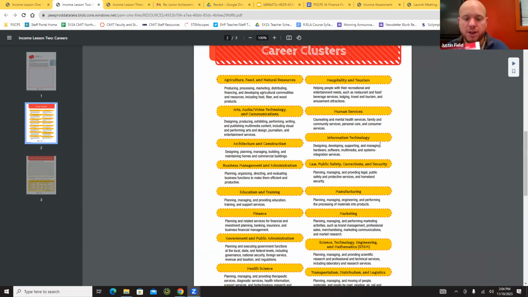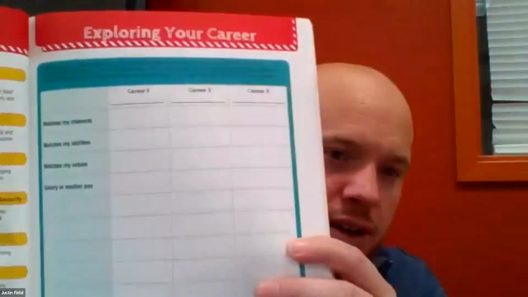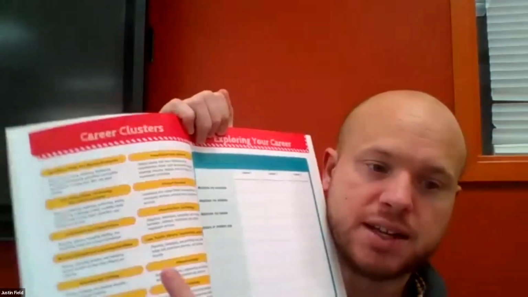So what we're gonna do is take this page here, Exploring Your Career, which is page 11, and write 3 careers that you might be interested in based on the career clusters that you see here. And do a Google search to figure out the salary or median pay.